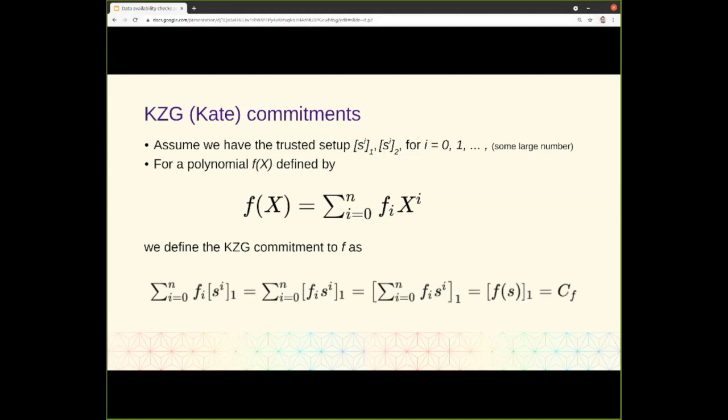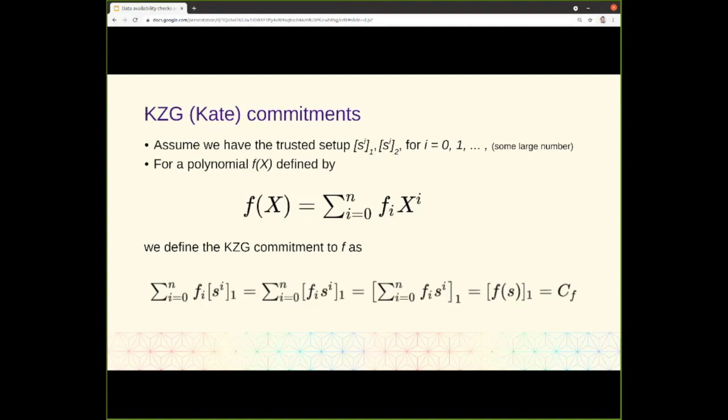Now we take a polynomial, and the KZG commitment to f is defined as the sum of f_i, where we've replaced the variable, the x to the power of i, by the trusted setup element s^i in the elliptic curve. Now we use properties of the elliptic curve. We can do scalar multiplications, so we can pull the f_i inside the brackets because we multiplied the elliptic curve element by f_i.